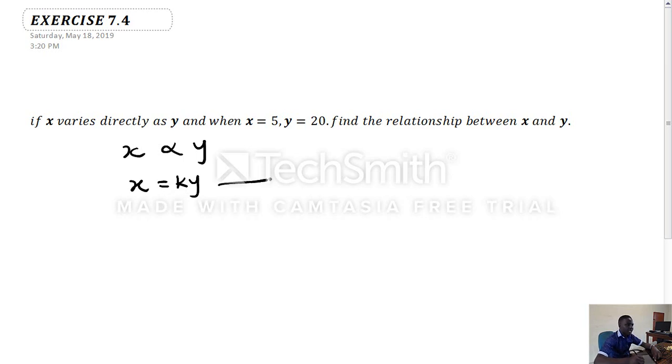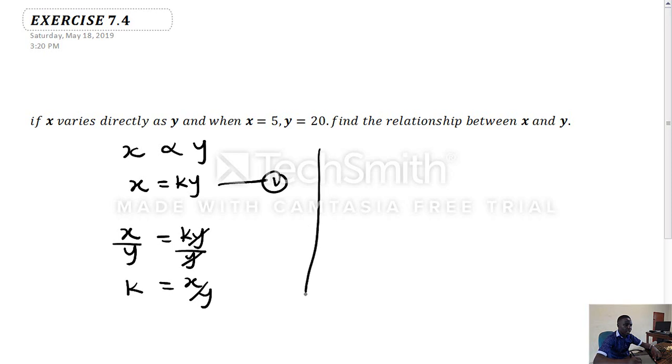Now we'll make k the subject of the formula by dividing both sides by y. So we'll have x over y is equal to ky over y, where y will cancel y, and we'll have our value of k to be equal to x over y.